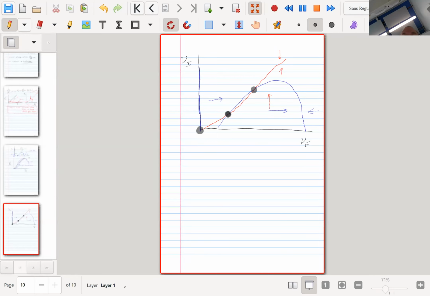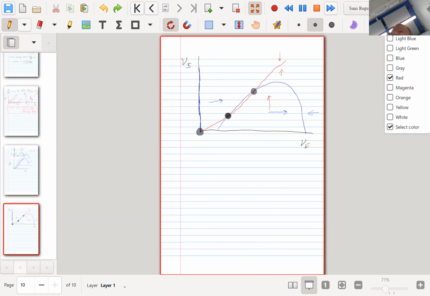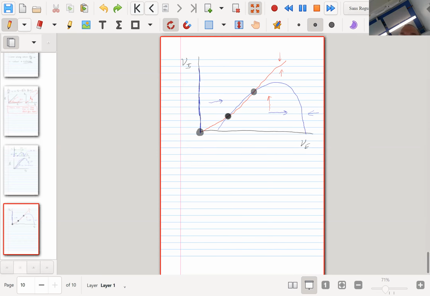So for instance, if our starting point is right here, what happens? Let's try orange. If we start here, we're going to move to the right and up. As we get closer to the blue curve, d nu E dt at the blue curve is 0.